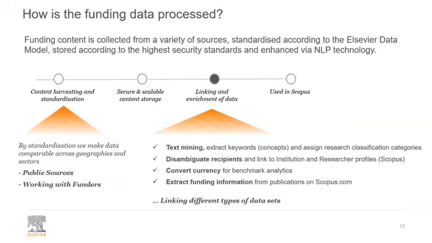And the first step we actually take is to standardize the data according to the Elsevier data model. The underlying model makes collected metadata comparable across geographies and across sectors, right? Because, a simple example, some funders will call it a title, some funders will call it a name, and so on.